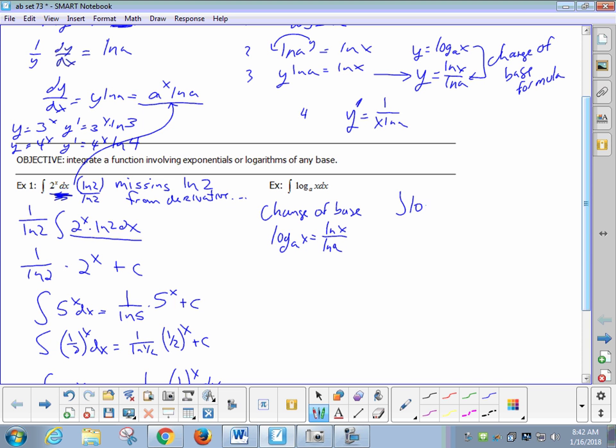So we rewrite log base a of x as natural log of x over natural log of a. And then the natural log of a in the denominator is a constant, so let's bring it out front.